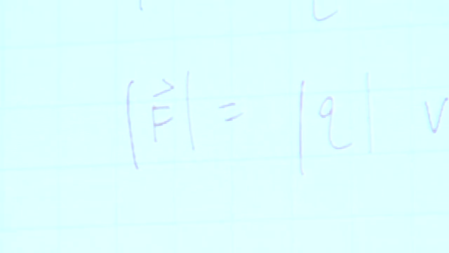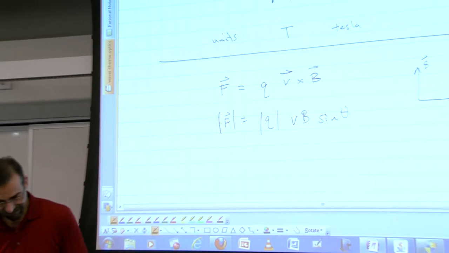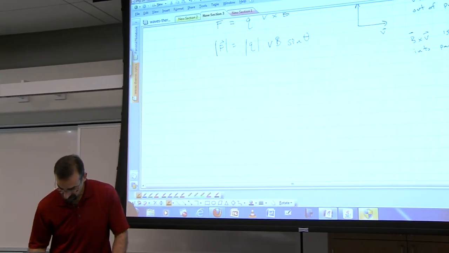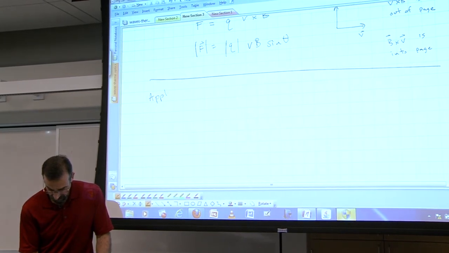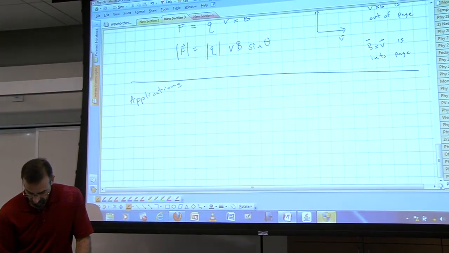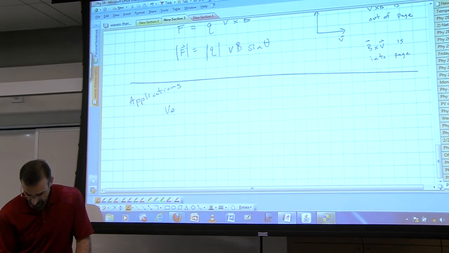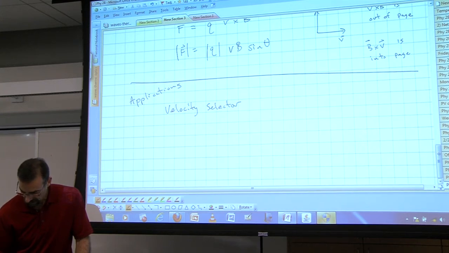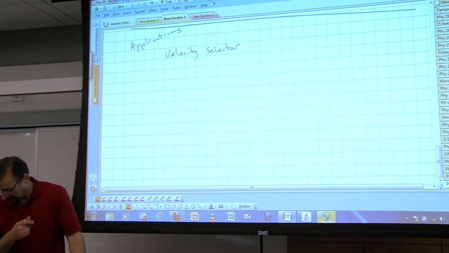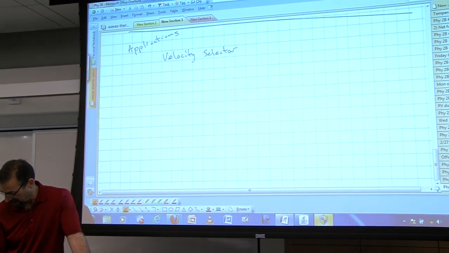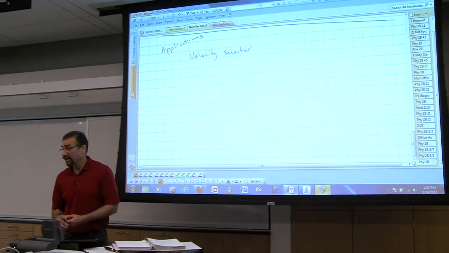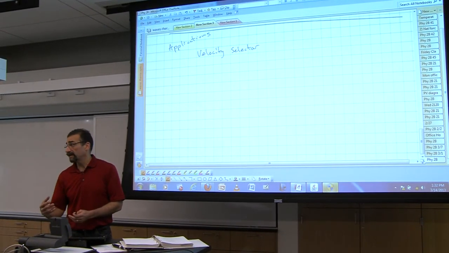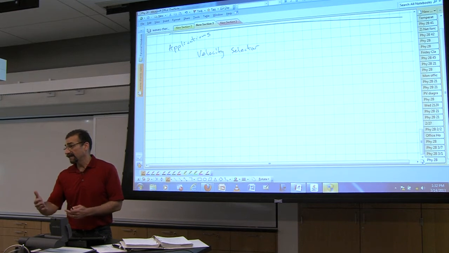One is in something called a velocity selector. So oftentimes you are creating particles that are charged and accelerating them across a potential difference, so they should have a certain speed.